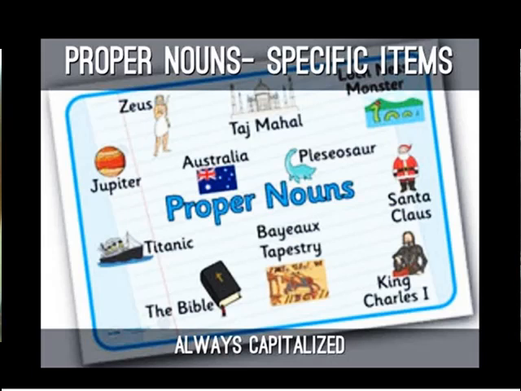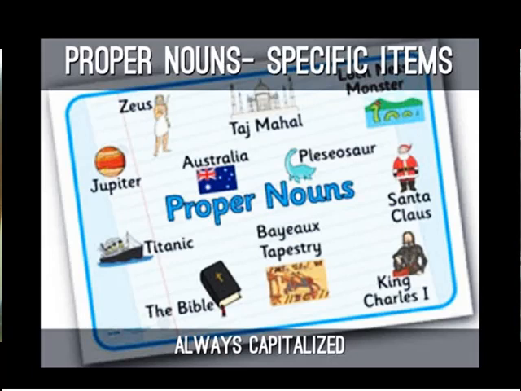We can identify a proper noun as it begins with a capital letter. If you remember, I told you that in a common noun we do not use a capital letter, but in a proper noun we use a capital letter. That means a proper noun always begins with a capital letter. It is capitalized.